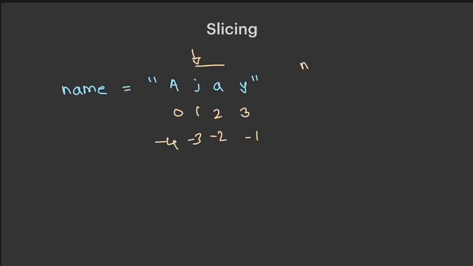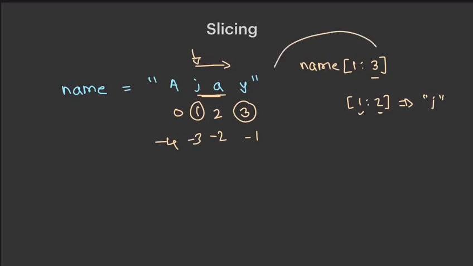In this case, you will write the name of the string followed by the starting index, which is 1 in this case, and if we want to obtain till a, we have to specify 3 because stop is not inclusive. If we write 1 to 2, 2 is not included, 1 will be included, and in that case we will be getting only j. As we want j and a in this case, I have to specify the stop index as 3. So in this case I will be getting j and a.